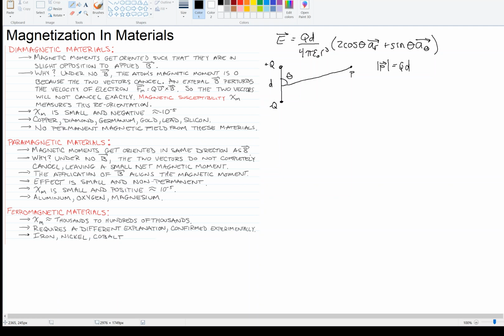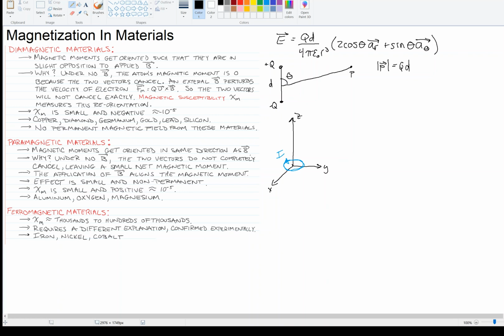Now, interestingly, when we have a loop of current, so I'm just drawing my axes here, X, Y, Z, and let's say I have a loop of current oriented on the XY plane, centered at the Z axis, with current like that. We actually found the magnetic field due to that current carrying wire using the Biot-Savart law.